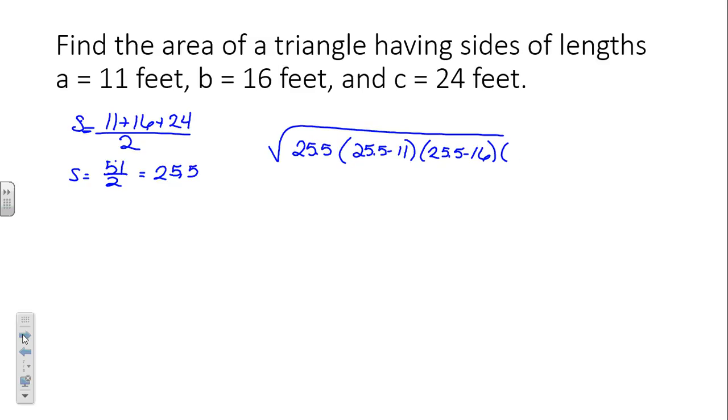That's going to be just a plain old 1.5. So 25.5 minus 11 is 14.5. 25.5 minus 16 is what, 9.5? And 1.5.